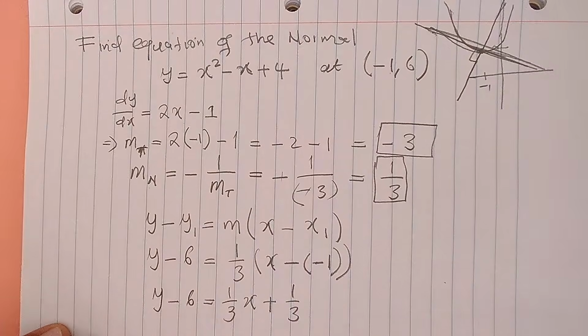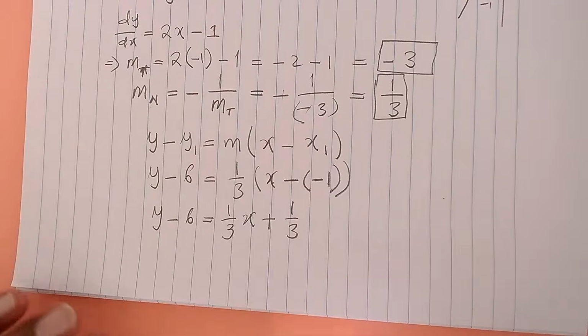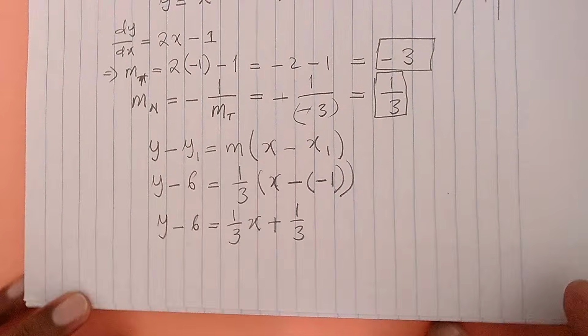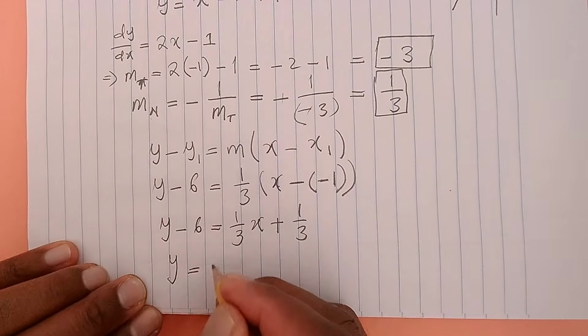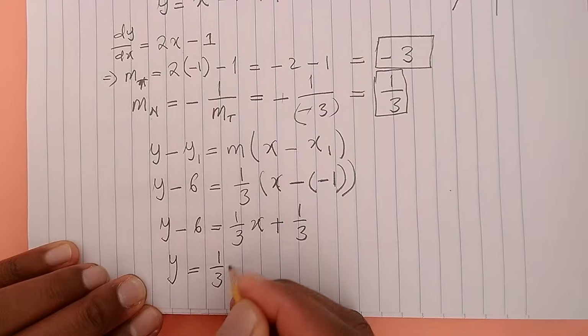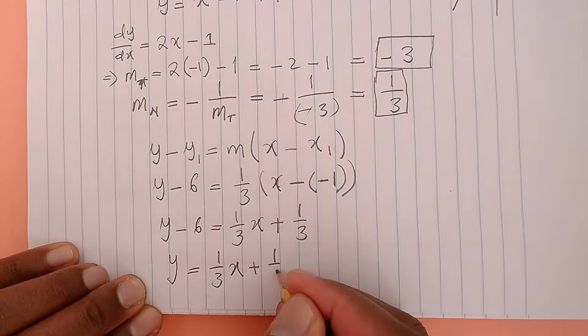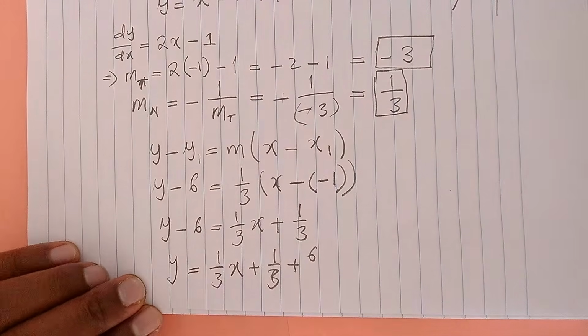So we are almost done because we can write this now. We can add 6 to both sides. So this becomes y is 1 over 3 x plus 1 over 3 plus 6.